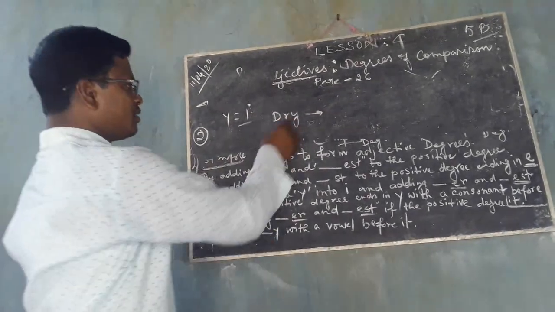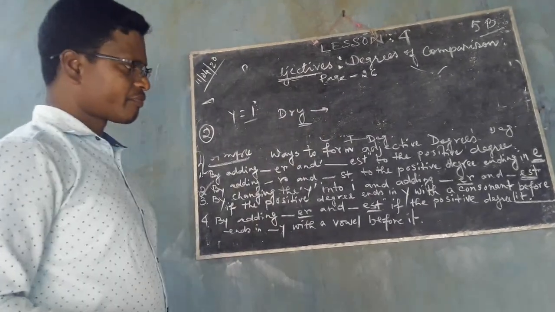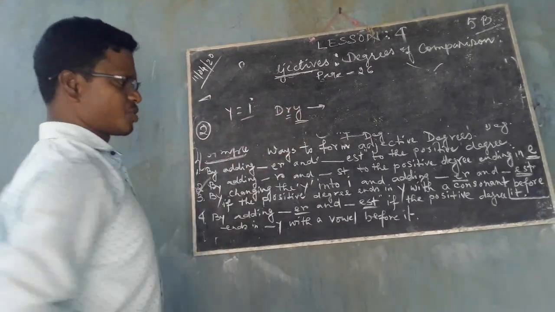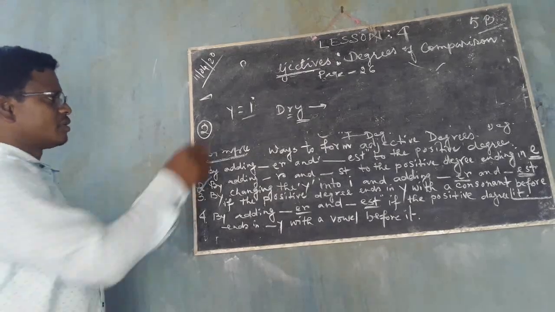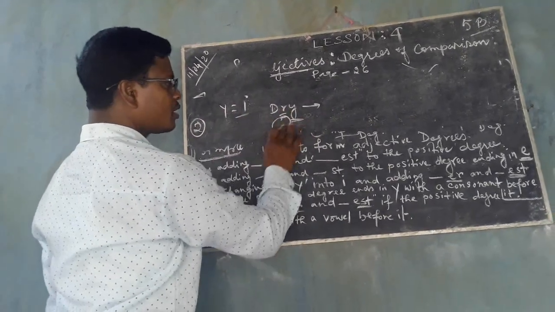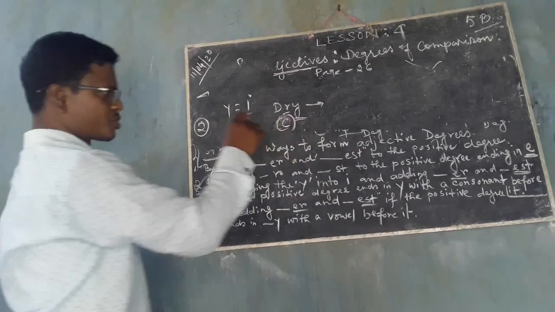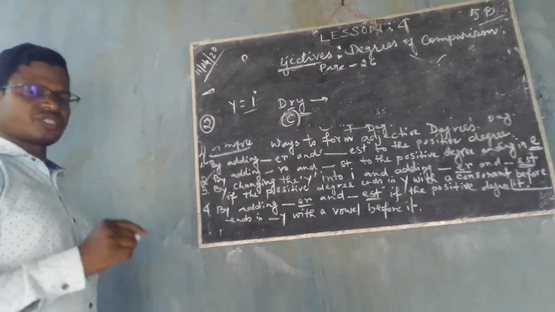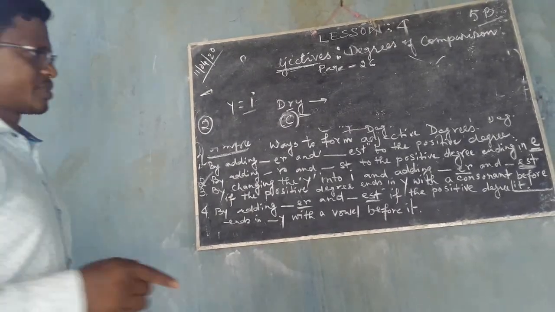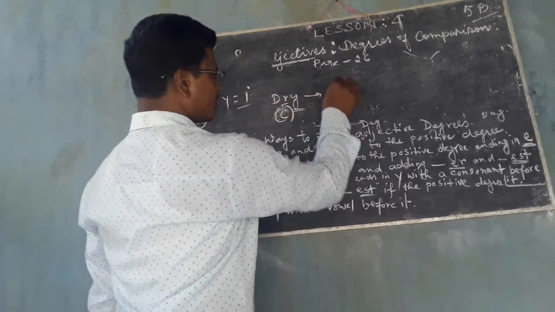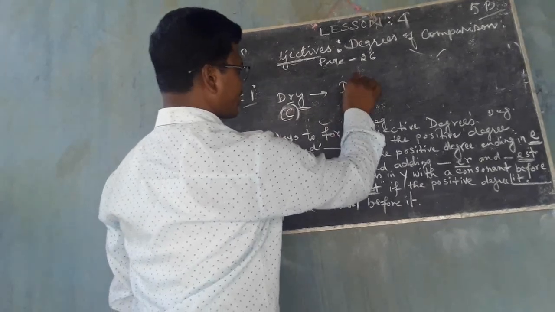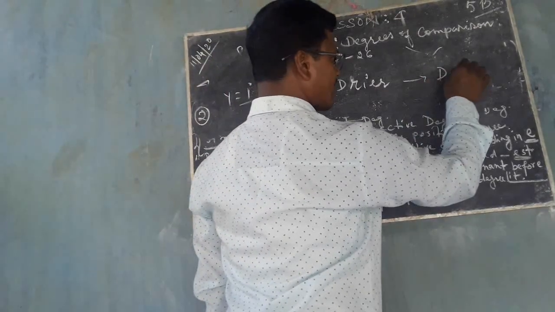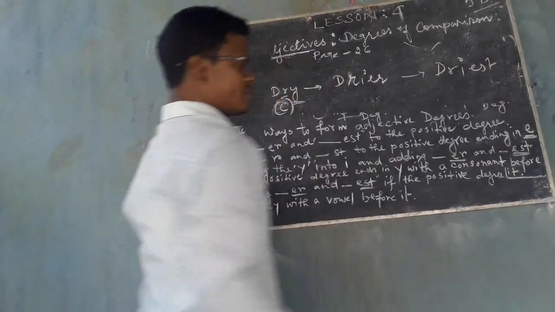It is ending in y, but the second last letter is a consonant, right? So we will change it into i. That y will be changed into i, and then add est. So here we will change dry to drier, and here we will write driest.